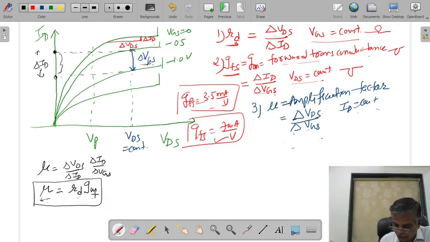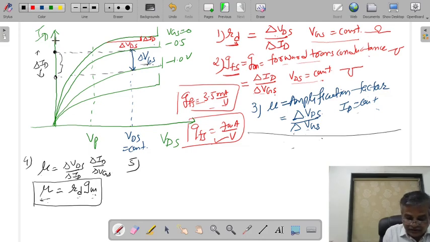Now, this is the fourth parameter. Fifth parameter is the saturated drain current. This is saturated, this is your IDSS.